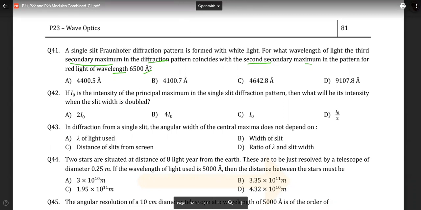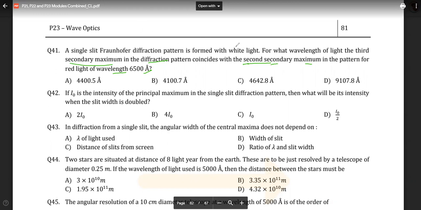तो secondary maximum मतलब क्या है? Secondary maxima मतलब क्या है? See here, secondary maxima normally means जैसे first एक primary बन गया, फिर secondary. Sir, but वहाँ तो already third secondary maximum and second secondary maximum दिया है. So see यहाँ पे second secondary, तो ये थोड़ा सा like terminology का issue है.